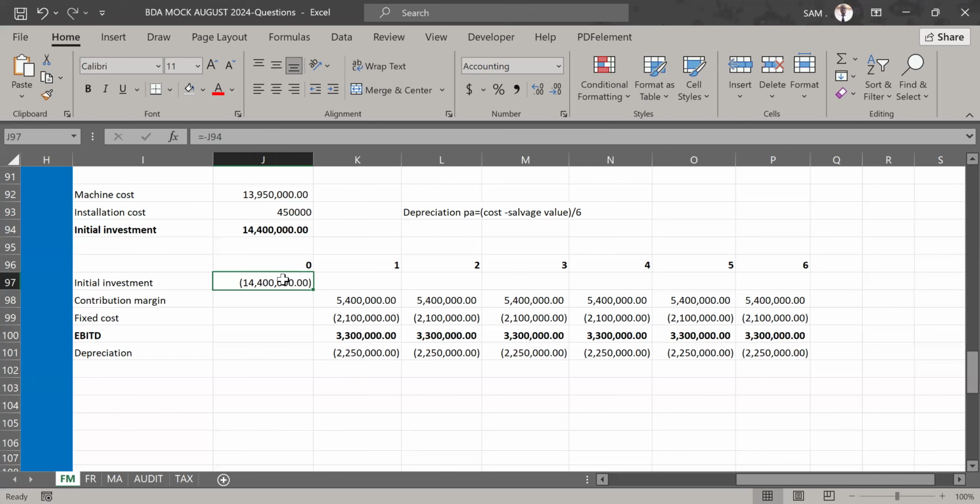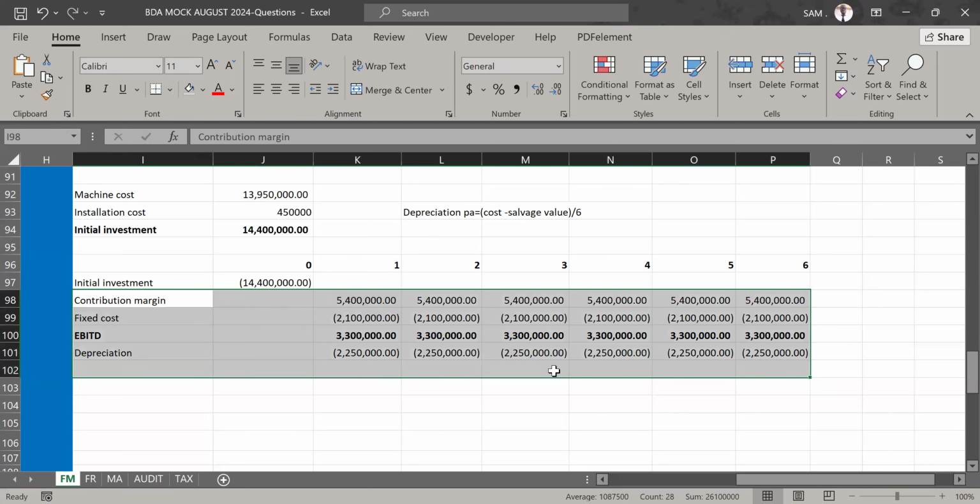Now, here we are looking at cash flows, and that's why we are bringing this initial investment as an outflow at year what? Year zero. Then now we want to follow up on the cash flows. You see, the model information we are putting in here together is to look at the cash flows. That is our interest. We are looking at all that we will get, that is the inflows, and then all that we will spend in terms of costs we will incur.